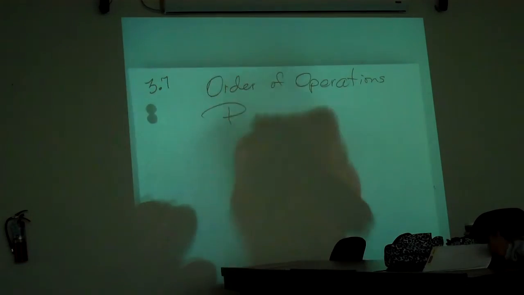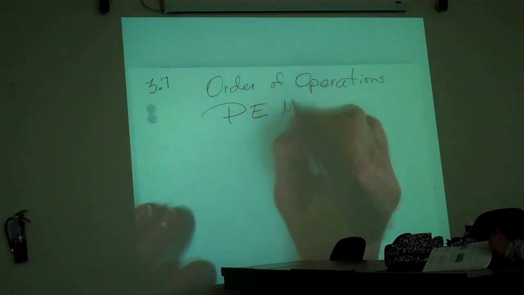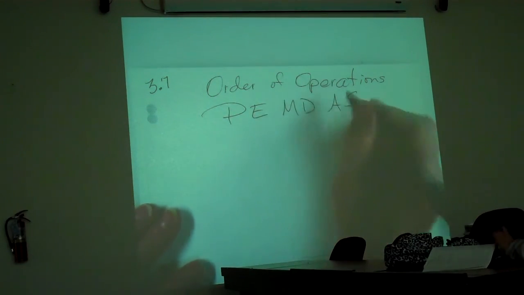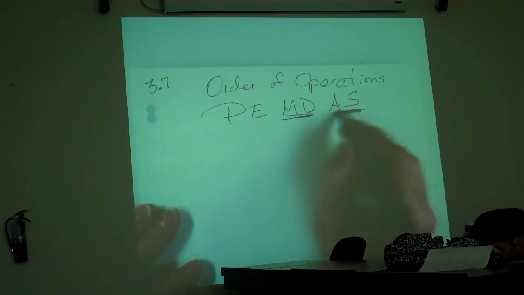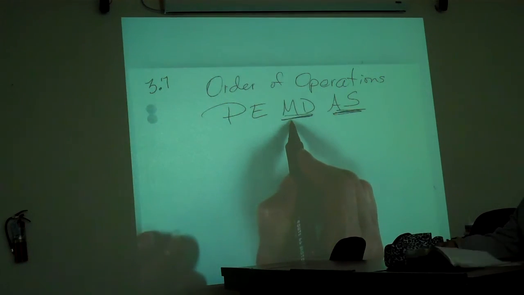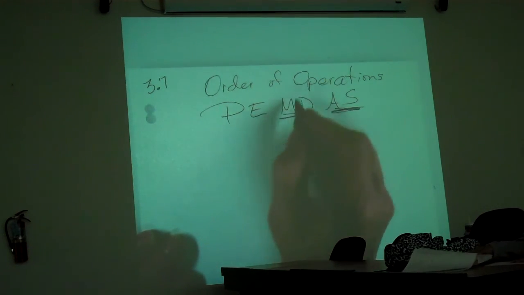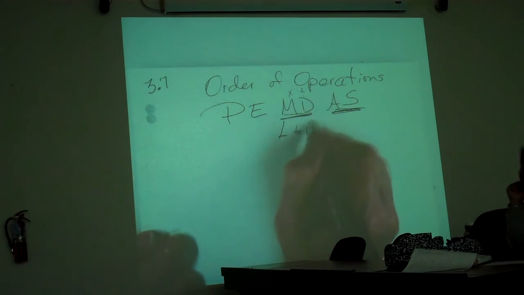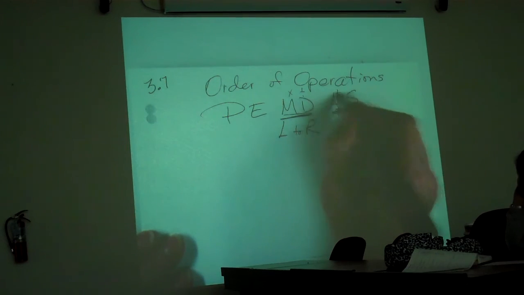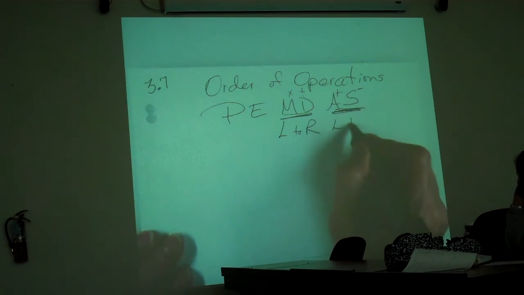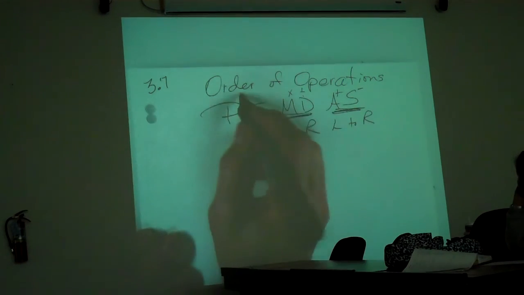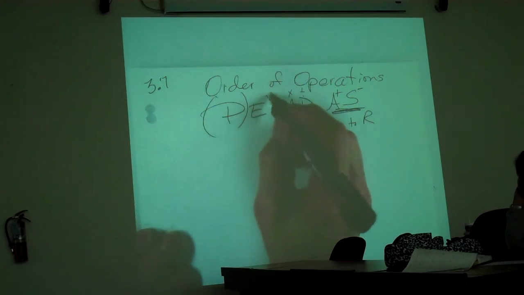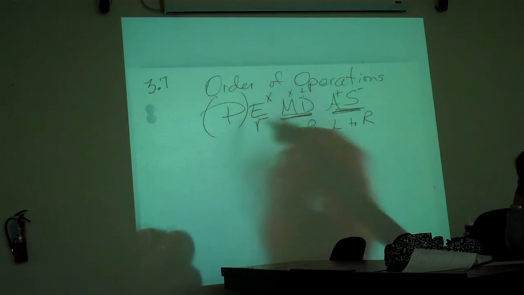Please excuse my dear Aunt Sally. And how do you do multiply and divide? Left to right. Multiply, divide, go left to right, and the same for add and subtract, right? Left to right. P is parentheses, E is exponents and square roots.